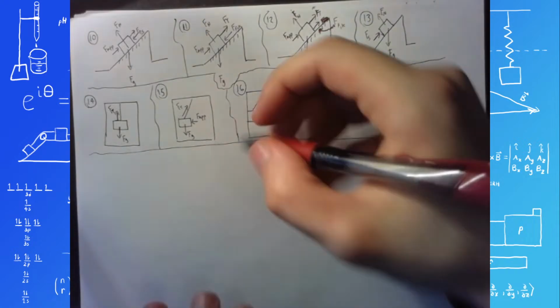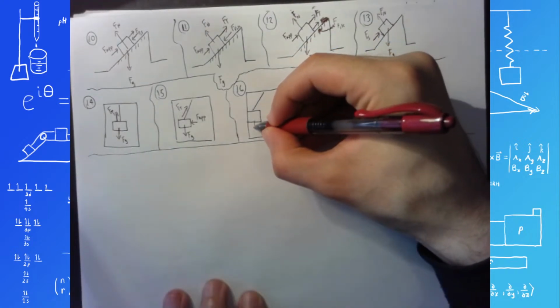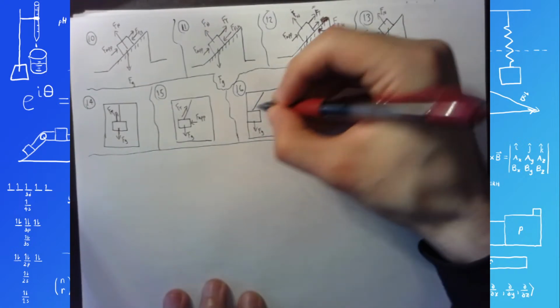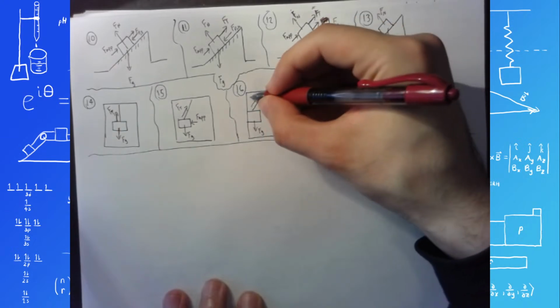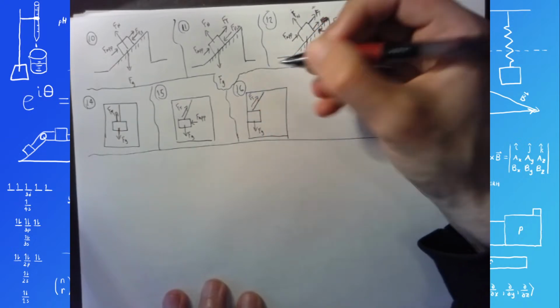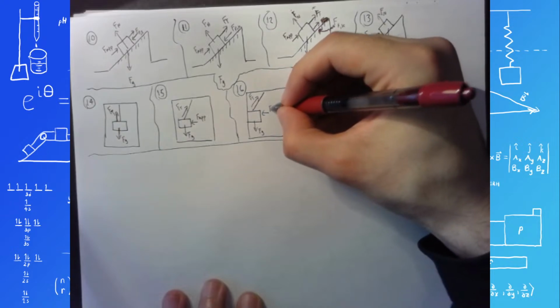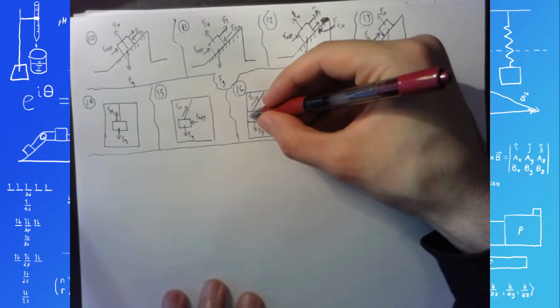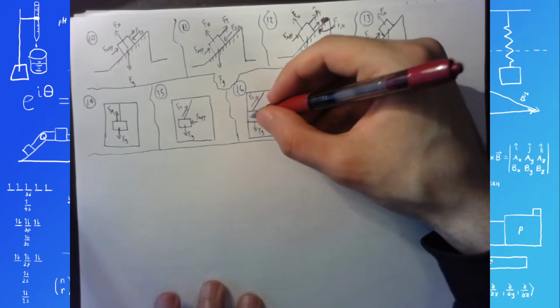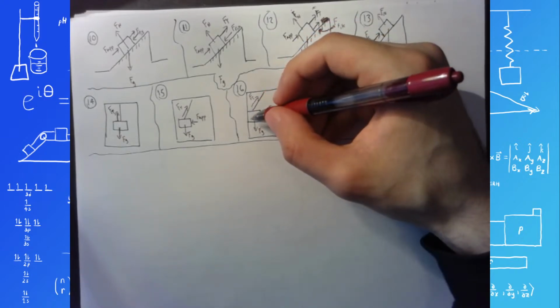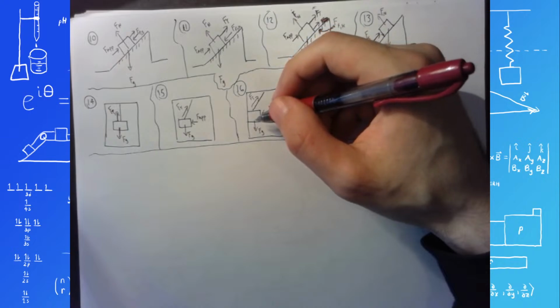So now we have force of gravity downward, force of tension along the rope and towards the rope, force applied to the left, and since this object is now in contact with the wall, there has to be a force perpendicular to the wall and away from the wall.